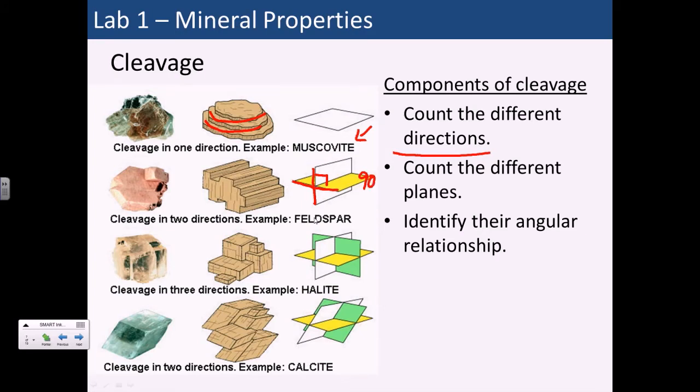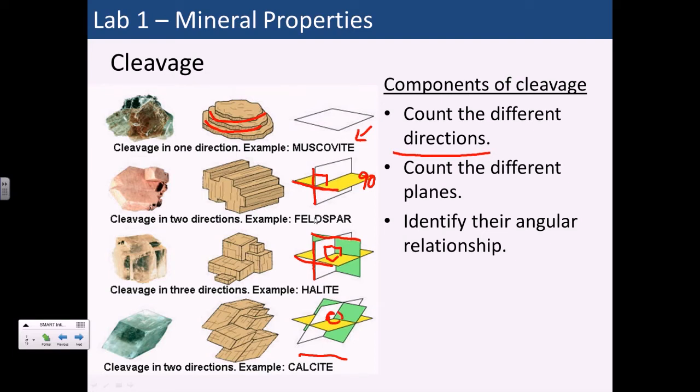In the next one down, we have 1, 2, and the third direction here is vertical. Okay? And the relationship among all those is at 90 as well. We can have 3 directions, which is the final one down here at the bottom, that are not at 90 degrees. So none of these are at 90 degrees. These angles are at something else.